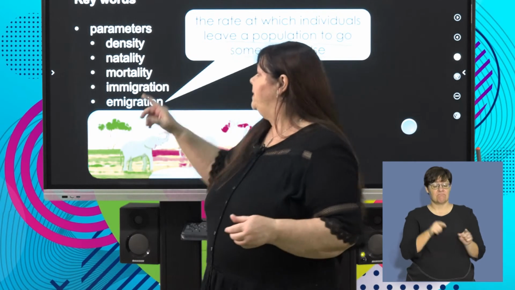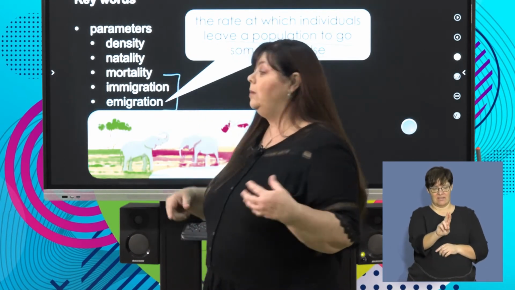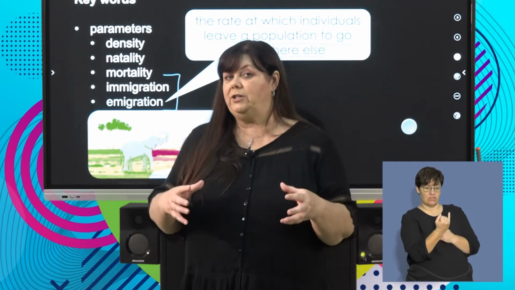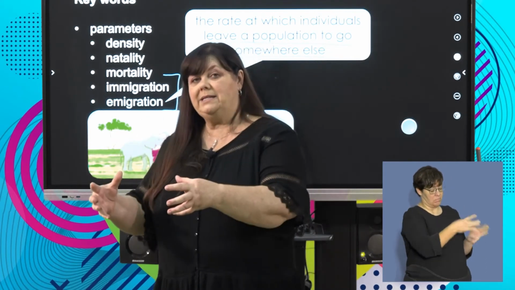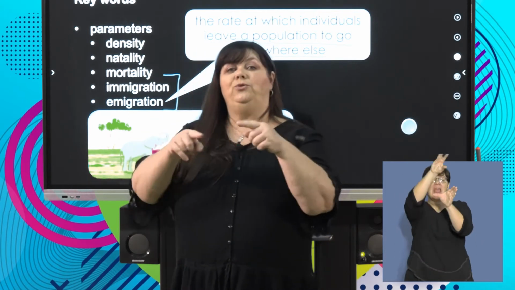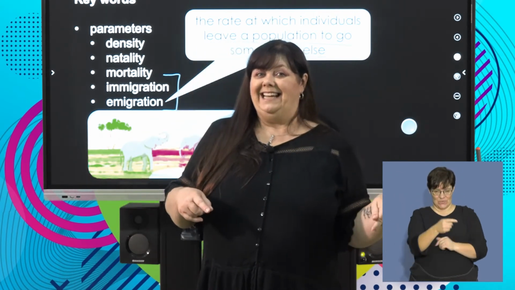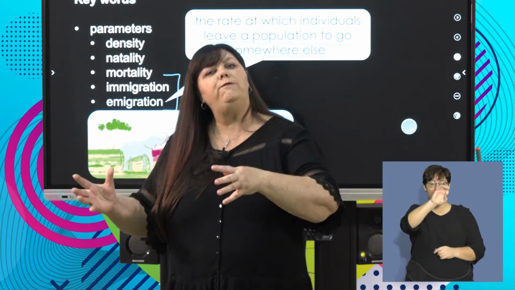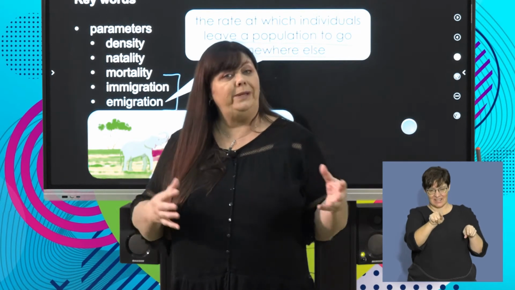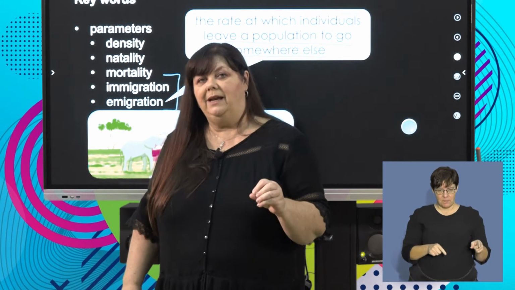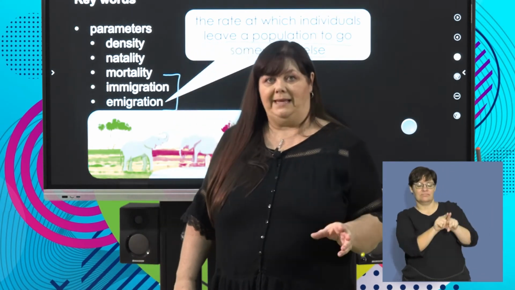But remember that emigration and immigration are always coupled. We're always going to see that if individuals emigrate from one population, they have to immigrate into another population. So we're going to see this flow that happens between populations. And it is usually all about mates.